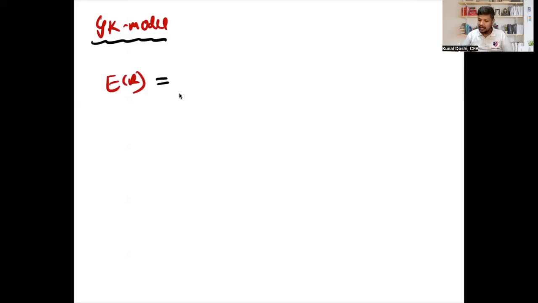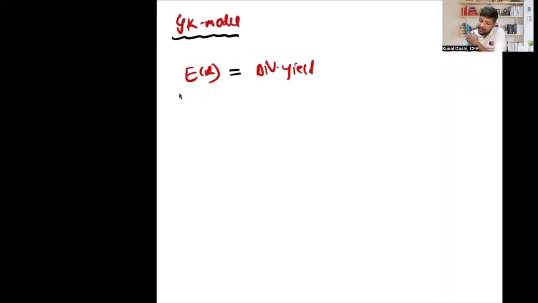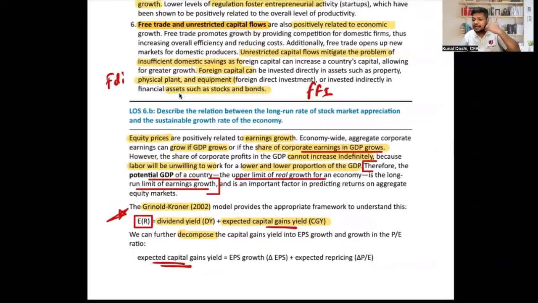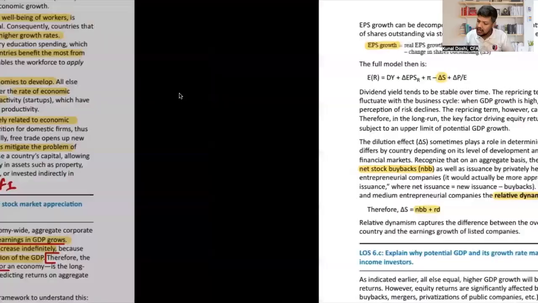First of all, we are using the Grinold-Kroner model for understanding the equity expected return, which is a combination of two things. Yes, dividend yield and expected capital gains yield.